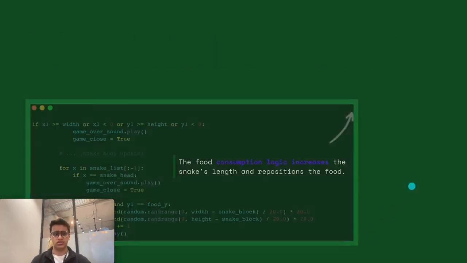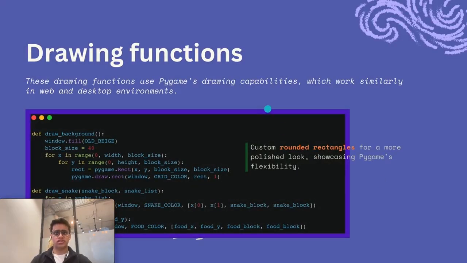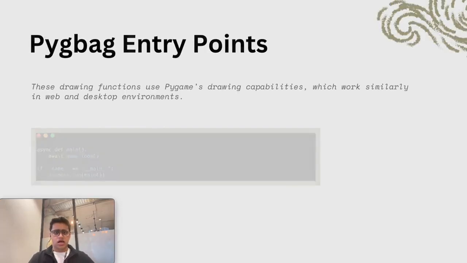These are the drawing functions, and they are responsible for rendering the game visually. On the canvas, we will see a grid which we're creating here, the food, and the snake itself. This is how we create those game visual elements, and they perform similarly in desktop and web environments.